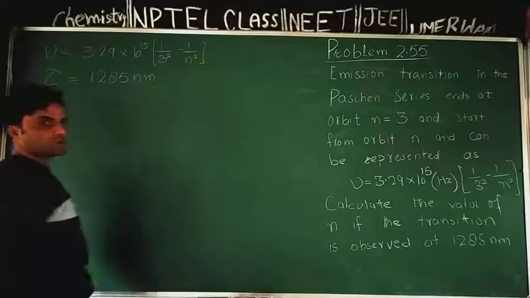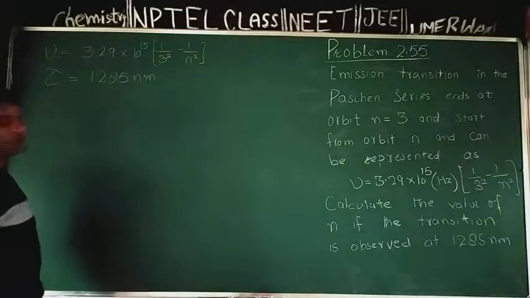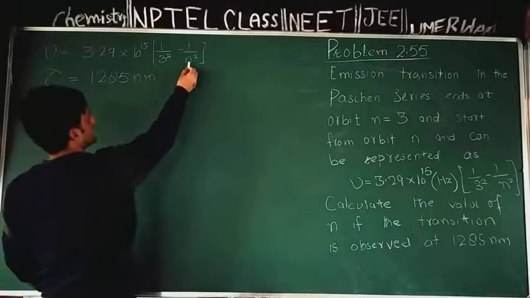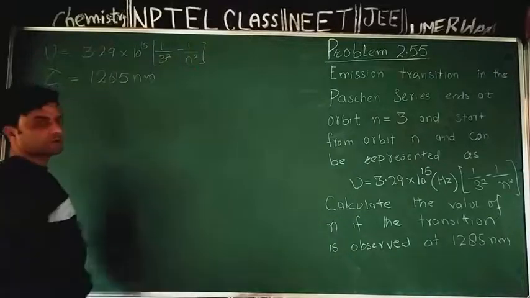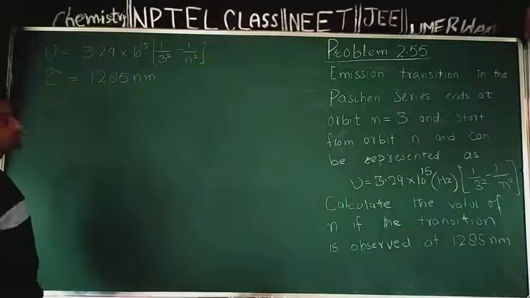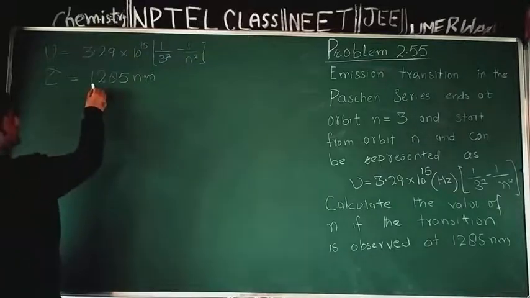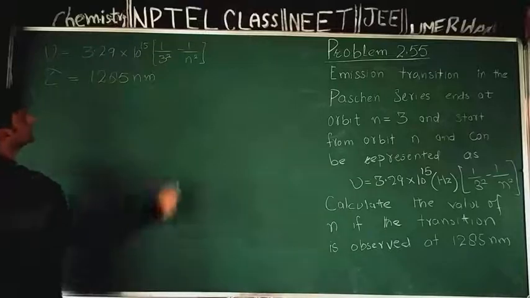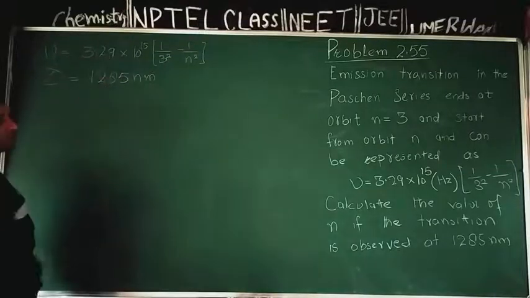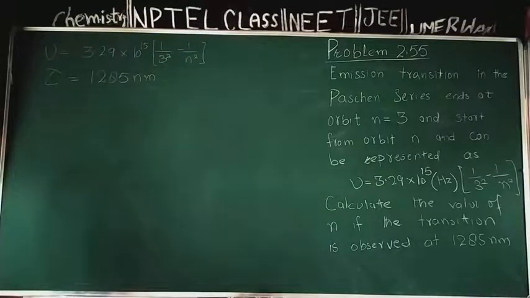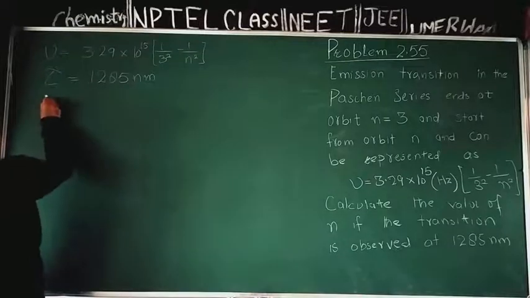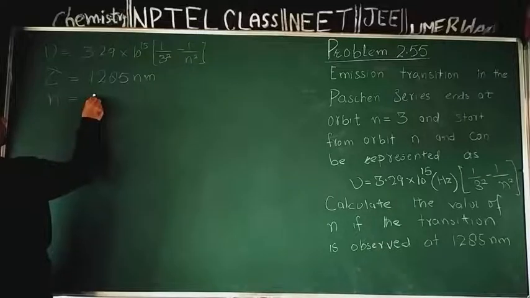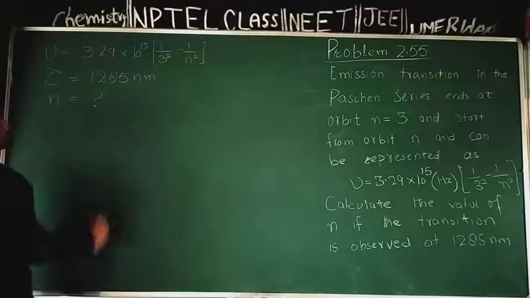I mean radiation emitted as a result of this emission transition, when electron returns from higher energy orbit n to lower energy orbit n is equal to 3, has wavelength equal to 1285 nanometer, and its frequency is given by this expression. Now we have to calculate value of n. We have to determine value of higher energy orbit from which electron is returning.